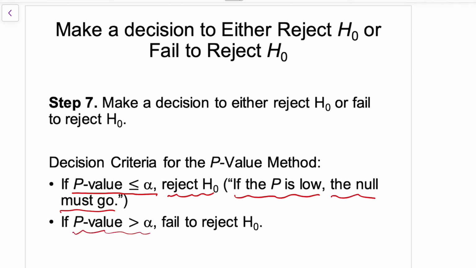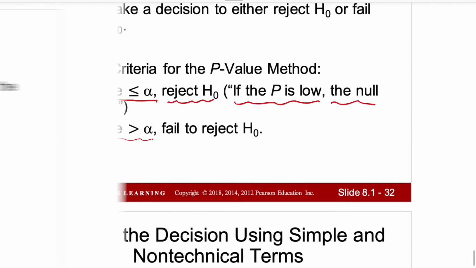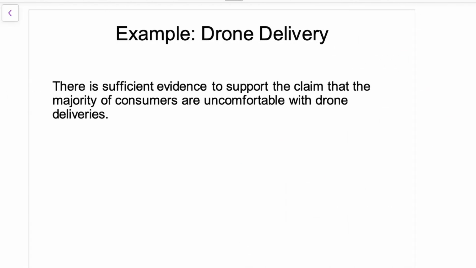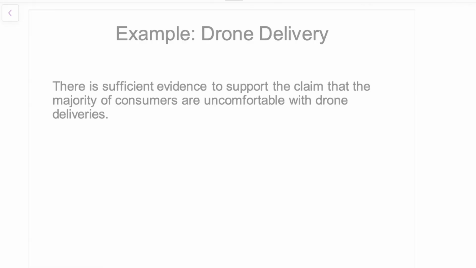If our p-value is greater than alpha, then we fail to reject the null hypothesis. The way we would state our conclusion here is there is sufficient evidence to support the claim that the majority of consumers are uncomfortable with drone deliveries, that we were able to reject the null hypothesis.